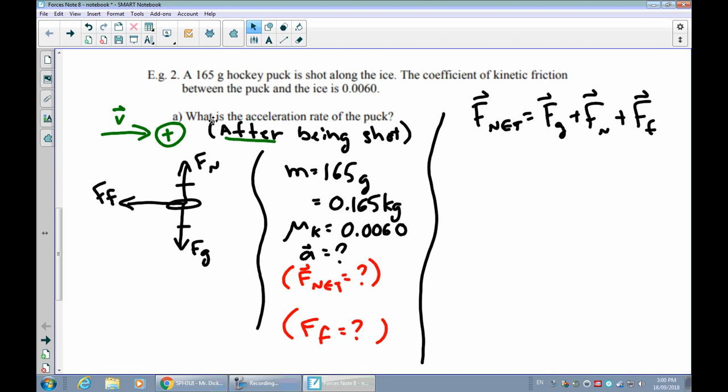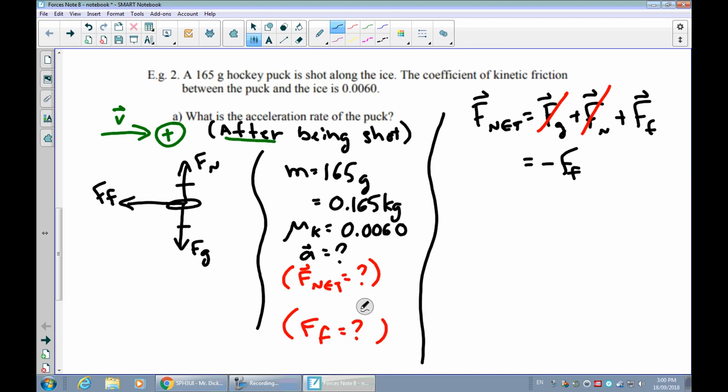So we start with this statement, but we already identified the fact that gravity and normal force are equivalent but in opposite directions, so they cancel one another out. But now we also know that we have a frictional force. So again, careful with my notation. In my next step, I'm going to take away the vector arrow and just write FF. But to indicate what direction it goes in, I'm going to stick a negative sign in front of it.